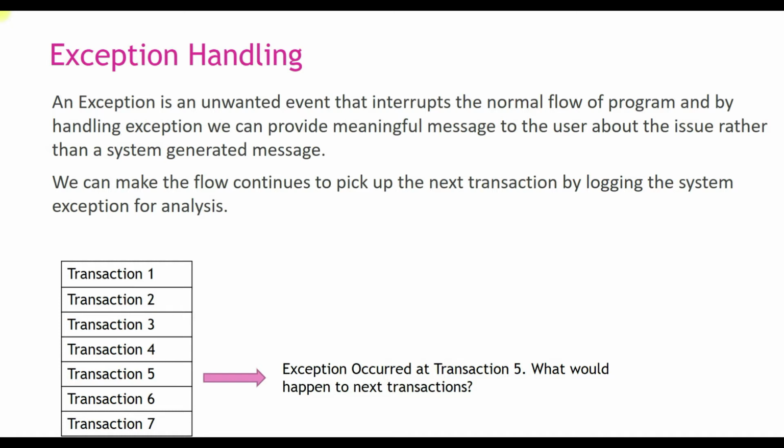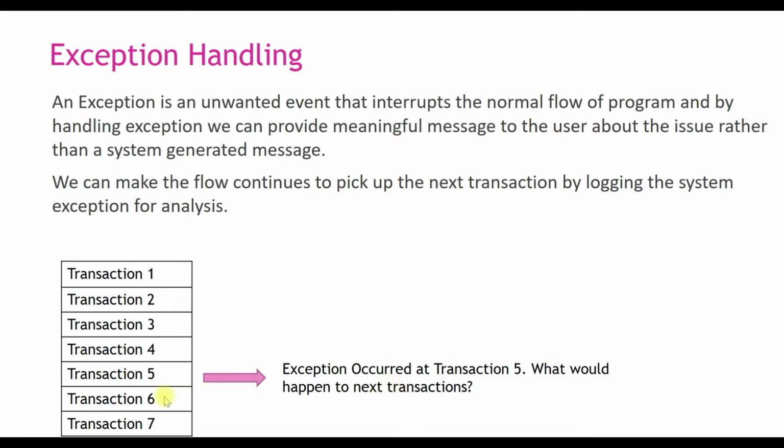Another most important aspect of exception handling is, if an exception occurs at any transaction, then the next transaction must be carried out without any interrupt. That is, the next transaction of the flow must be maintained. Just for example, consider you are having 7 transactions and an exception occurred at transaction number 5.